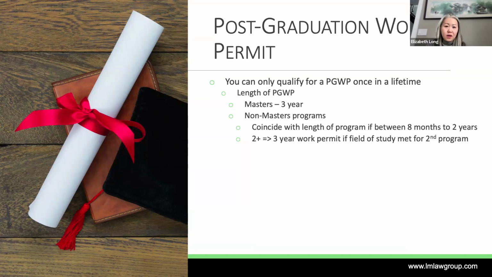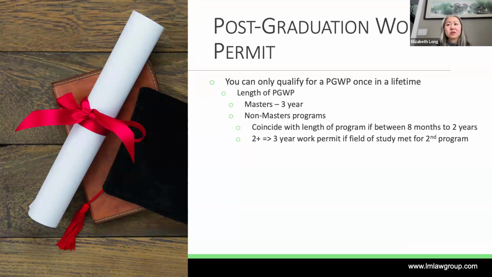One. Okay. One. That means that if your postgrad work permit runs out of time, you may not be able to extend your work permit. You may need to leave Canada if you're not able to get permanent residence. So you have to consider what you can do with your current postgrad work permit, because also the length of your postgrad work permit depends on the program.